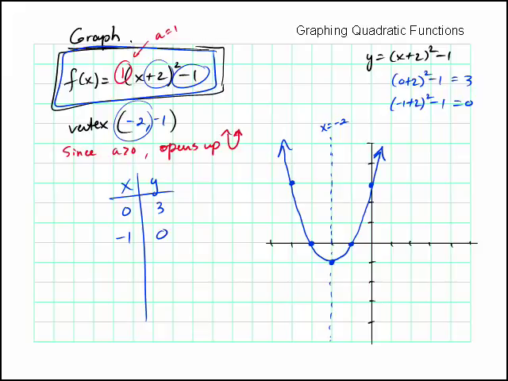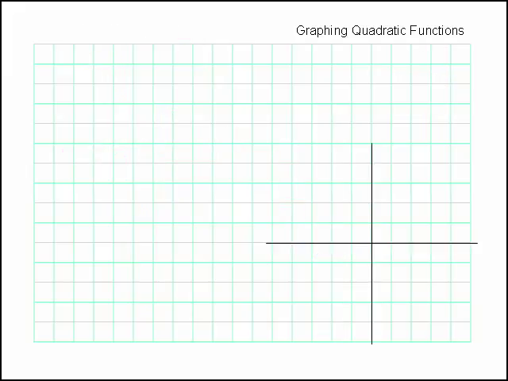Let's try another one now. One more. Let's graph f of x equals 1/2 times x minus 2 quantity squared plus 1. Okay, because a is positive, I know that this parabola will open upward, just like the other one.